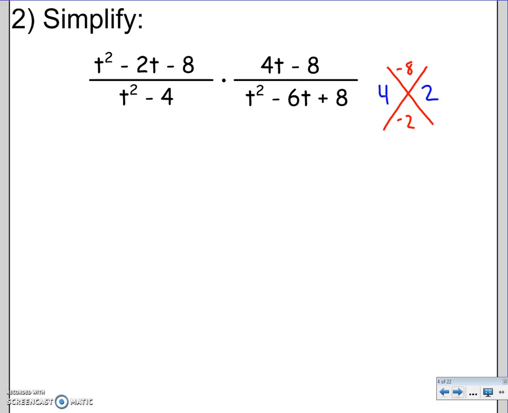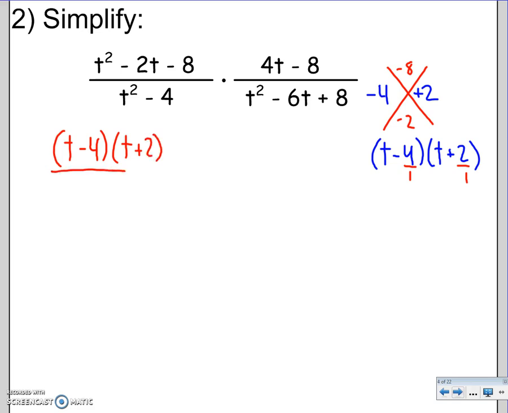Bottom's negative, so the bigger number is negative, and I have to add 2 to the -4 to get -2. A negative times positive is negative. I do the parentheses, t minus 4, t plus 2. Then I got to divide by a. A is 1. 1 doesn't do anything, so my top left is t minus 4, t plus 2. I'm on the bottom left.